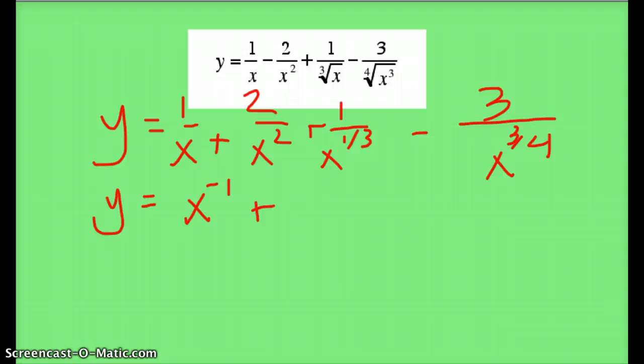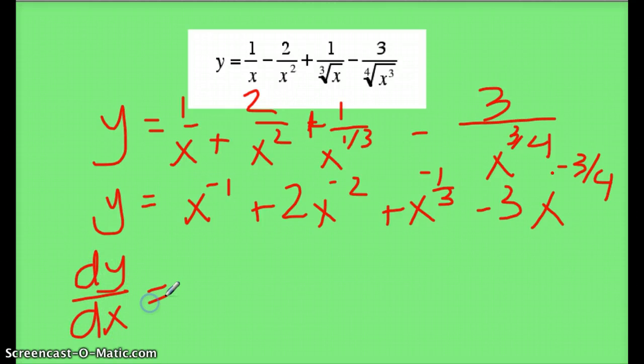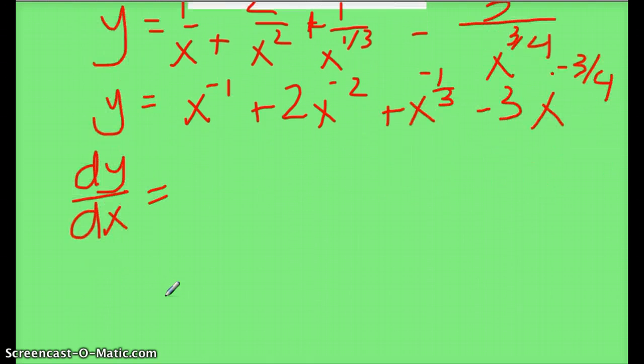Okay, so if I continue, I'm going to get 2x to the negative 2. And I'm going to get plus x to the negative 1/3 minus 3 times x to the negative 3 over 4. Alright, so if we now write the derivative, I get dy dx, which is the symbol that I'm taking the derivative of y.